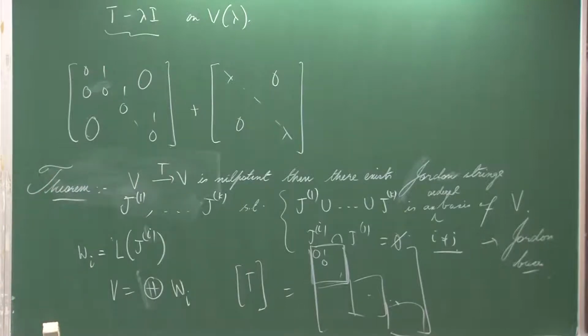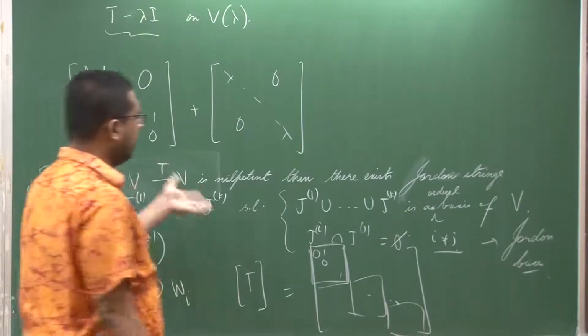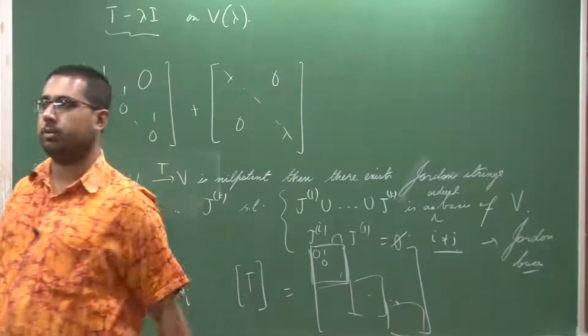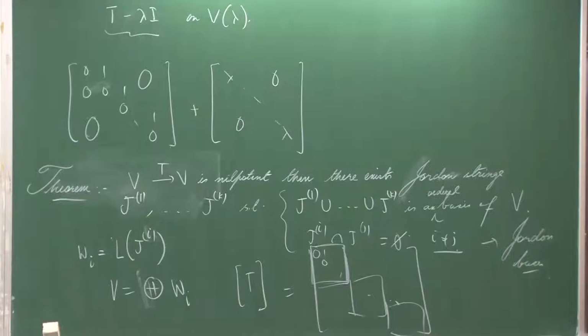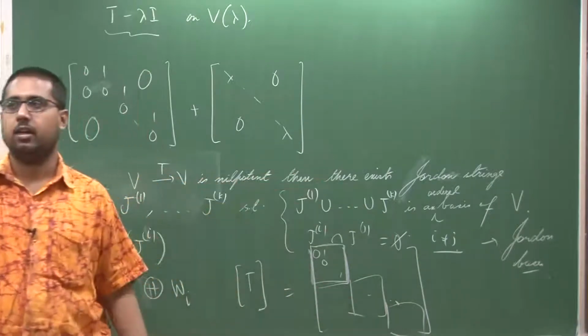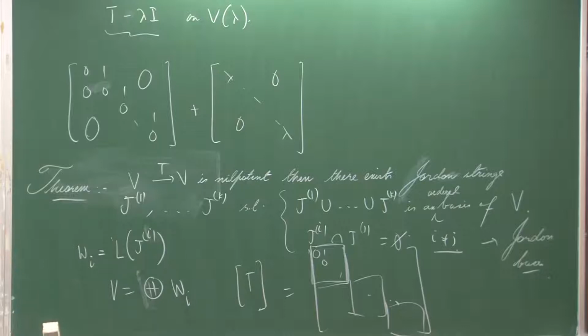So for nilpotent operators, if I can find a Jordan basis, then with respect to the naturally ordered Jordan basis the matrix becomes block diagonal, where along the diagonal we have Jordan blocks of the corresponding size. Having proved this theorem, for a general matrix it is an immediate consequence. We have not proved this theorem, so let us assume it for the time being and try to understand its consequence.